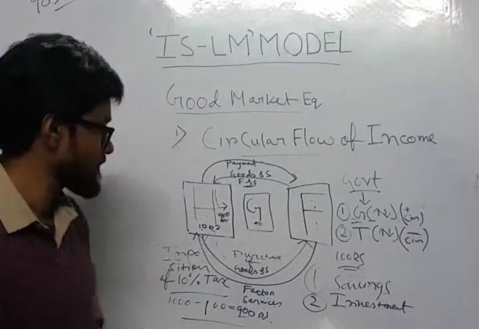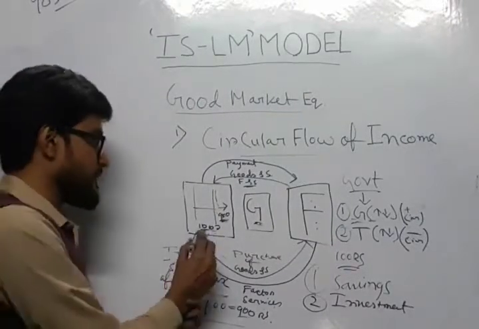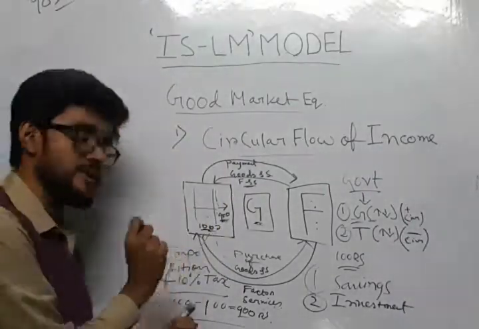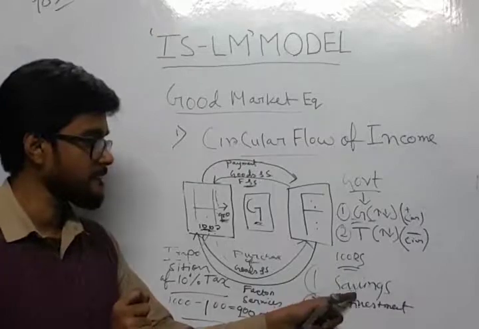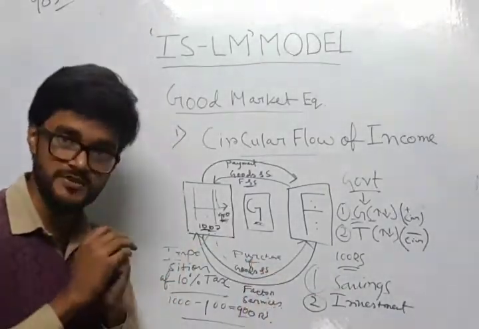In our example, we have said 1000 rupees. Out of those 1000 rupees, suppose we are saving, let's say, 200 rupees.